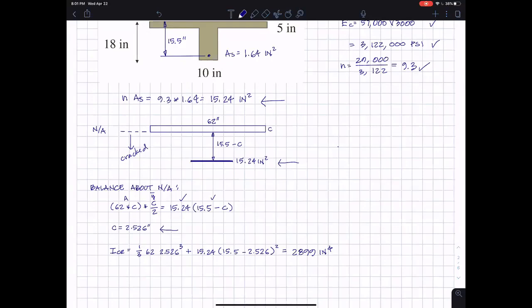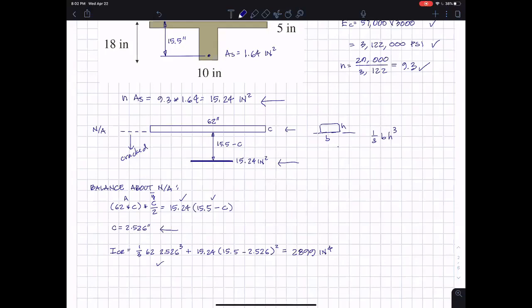Then you get the moment of inertia. The moment of inertia of a rectangle about the middle is 1/12 base times height cubed, but about the base is 1/3 base times height cubed. So 1/3, 62 times c cubed, right here. And we're going to assume the moment of inertia of the steel about its own axis is 0.